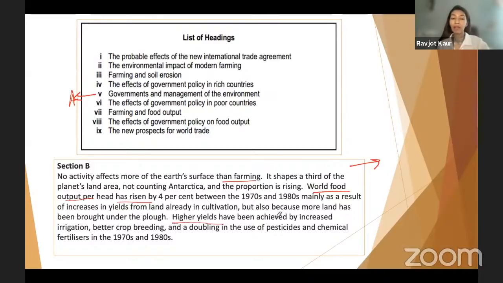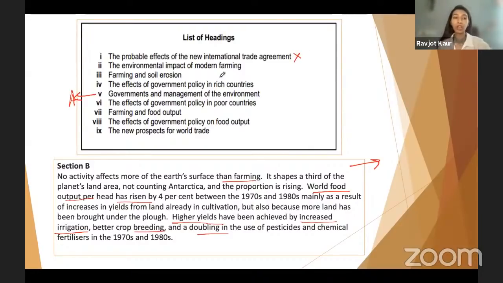Higher yields have been achieved by increased irrigation, better crop breeding, and a doubling in the use of pesticides and chemical fertilizers. So something positive they're talking about, don't you think? So are they talking about probable effects of the new international trade agreement? Do you think they're talking about this? No, they are not. They are only talking about food.